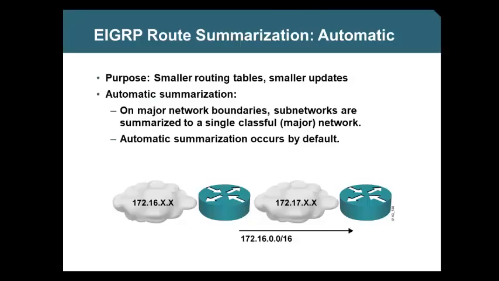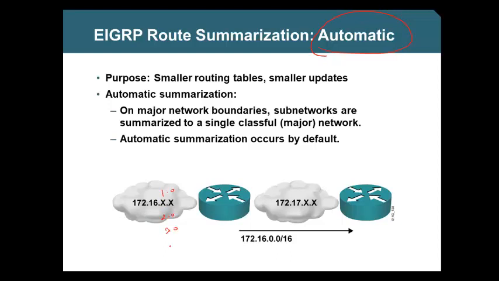EIGRP route summarization. See, this is the old version explanation. In older version, summarization is enabled automatically. What does it mean? You got 172.16.1.0, 2.0, 3.0, 4.0.